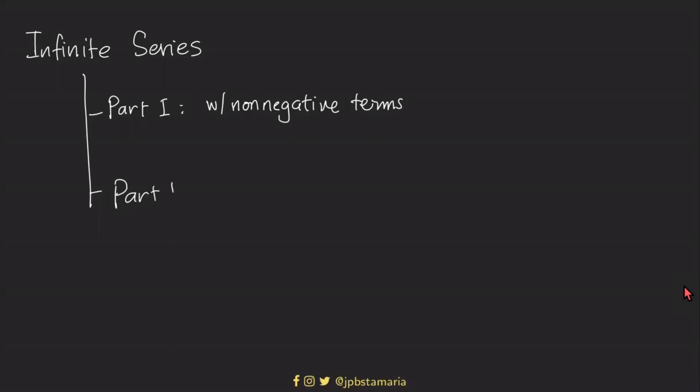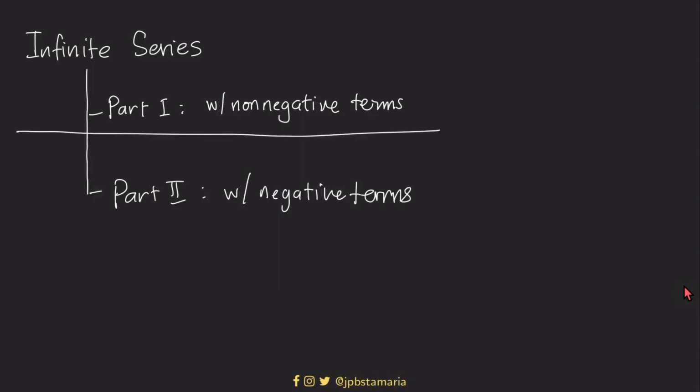Part 2, medyo mahirap pag-aralan. Ito yung with negative terms. Nandito yung mga alternating series, kasi palit-palit ng sign. Pag-aaralan natin, so hahatiin natin yung ating pag-aaral into 2 parts. Mag-start tayo sa part 1 right now.